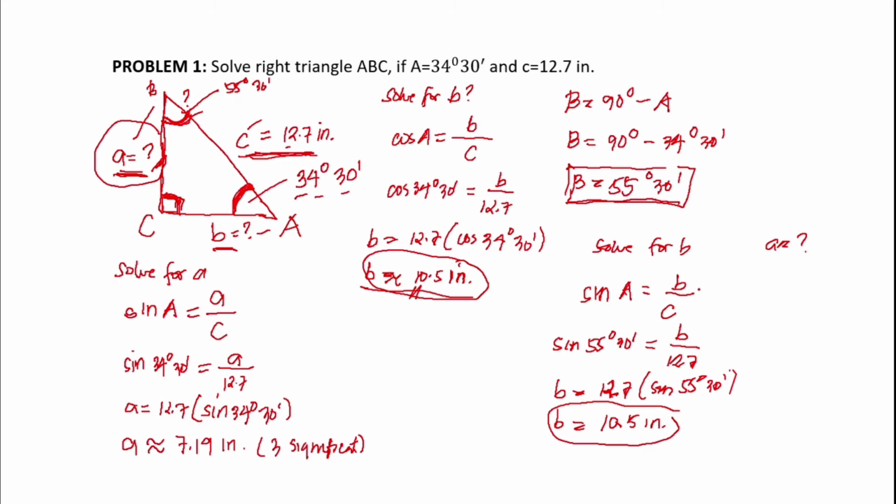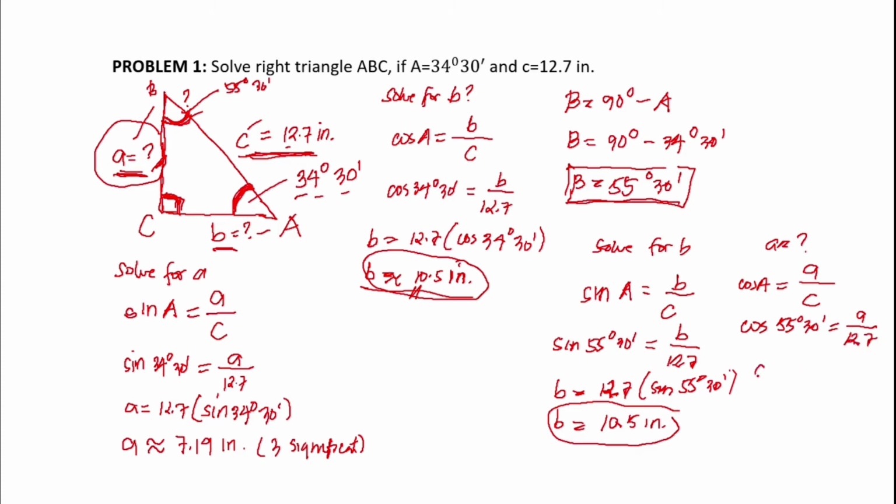So we need to have only one unknown to solve for A. So we have cosine A is equal to the adjacent, A, over the C. So cosine of 55 degrees and 30 minutes is equal to what is our A? Unknown, over C, which is 12.7.